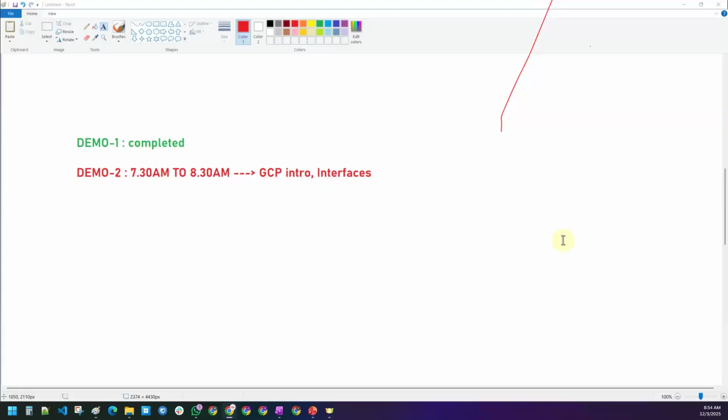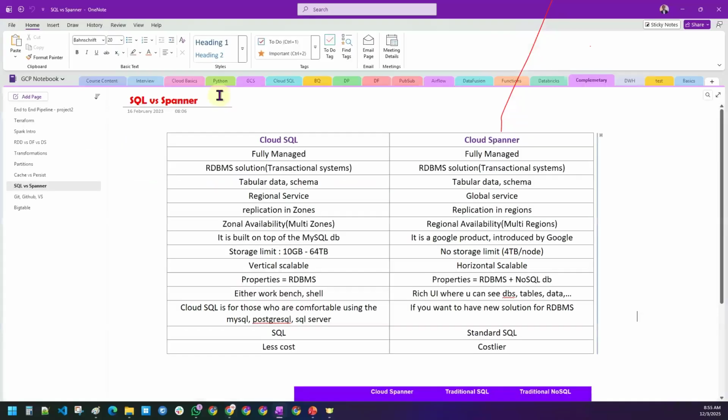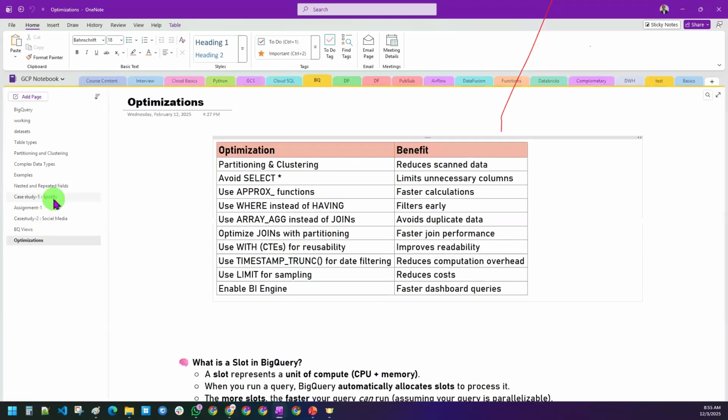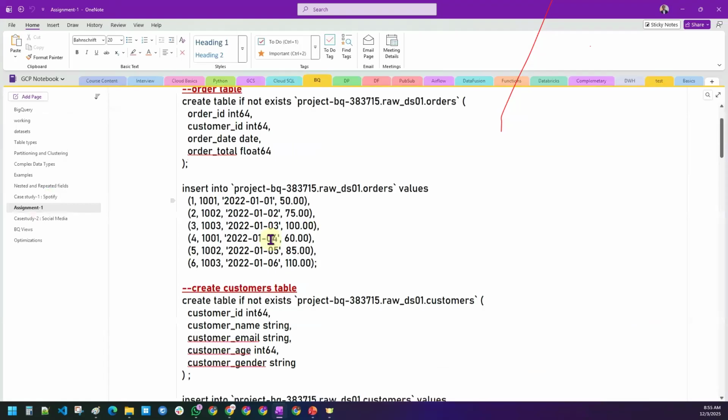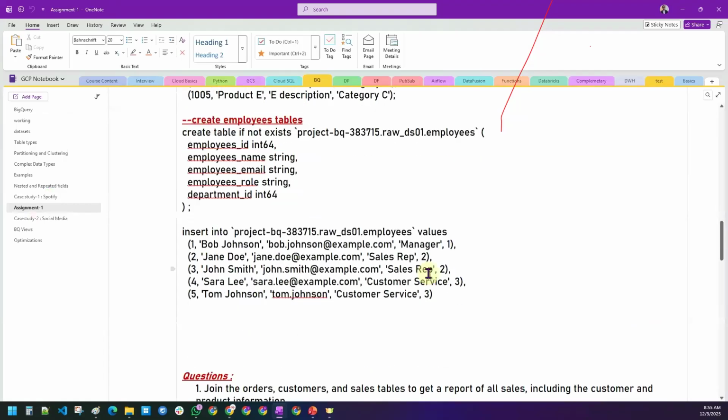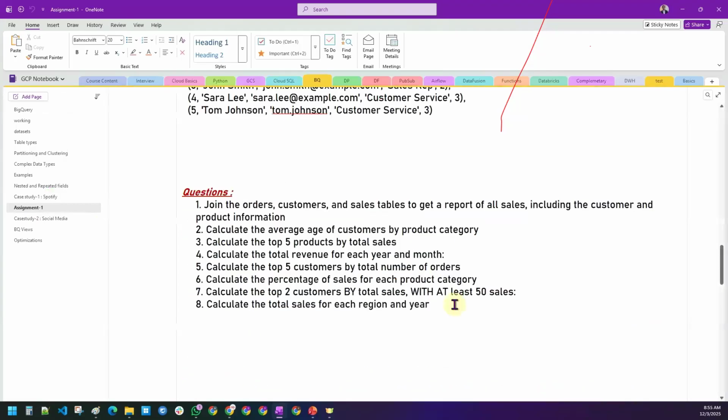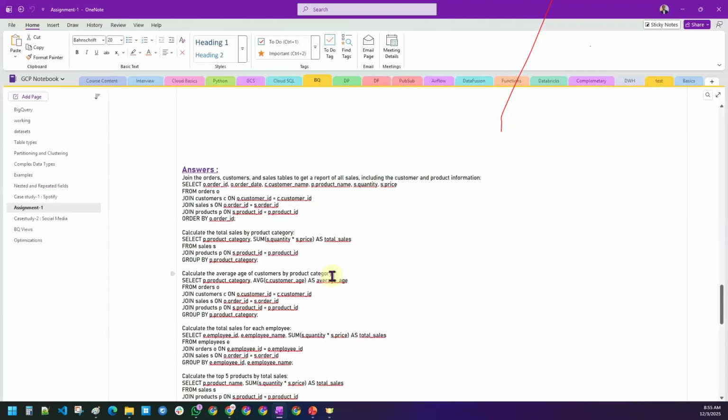Coming to the answer for Sampath: whenever you get any question or doubt, we already have an answer for that. For example, assume that you're doing a class assignment for BigQuery or whatever it is. These are the questions you will be solving, and you already have an answer set.